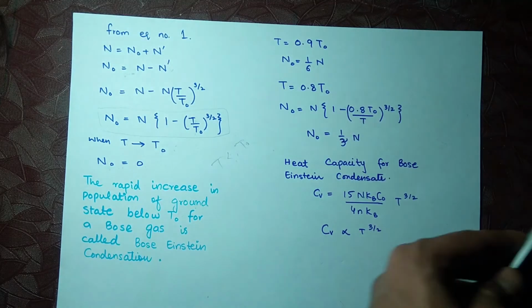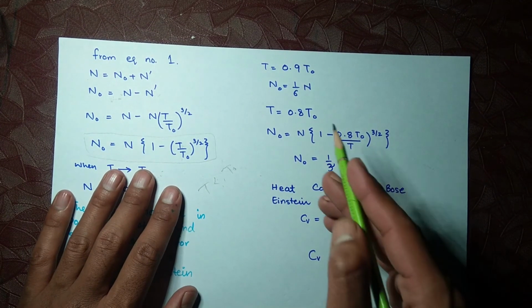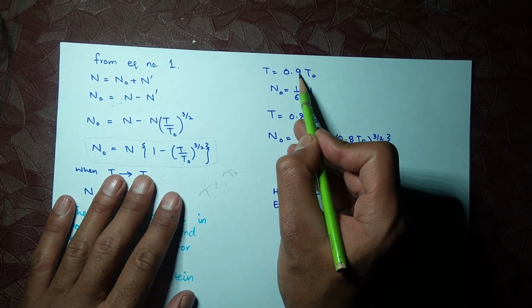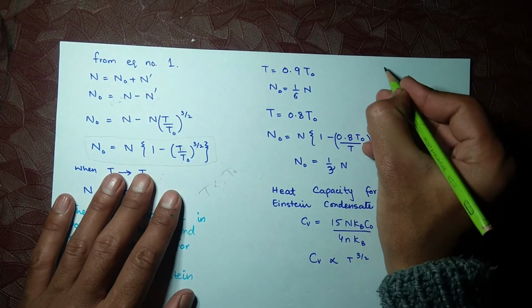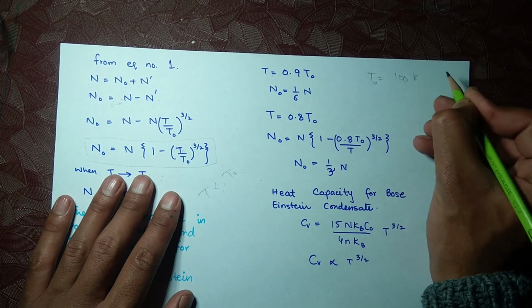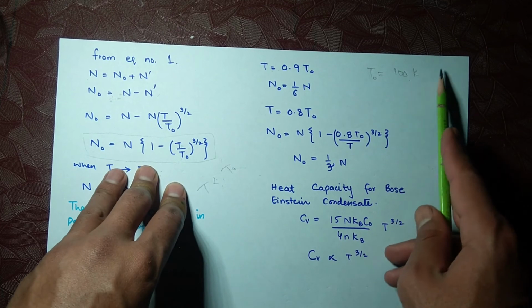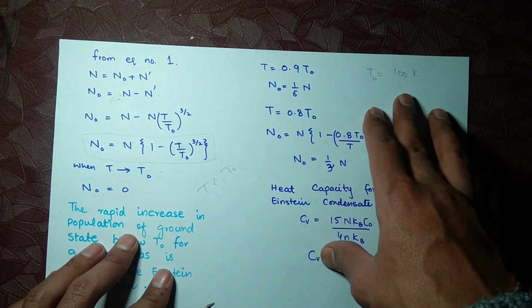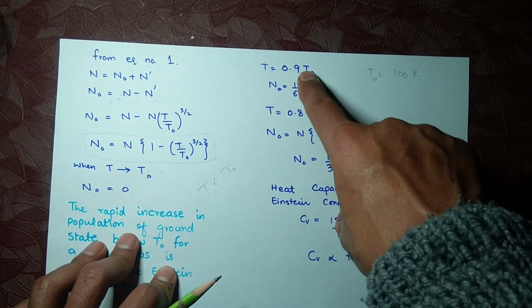Okay, so let's see how they rapidly change. When T gets to 0.9 of T naught, let's say T naught equals 100 Kelvin, and putting this value of T naught, I'm just telling you this example for your understanding.